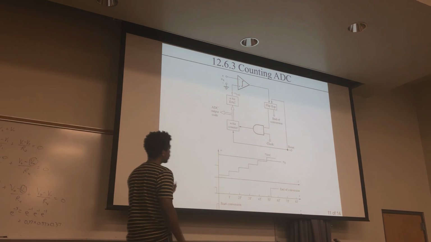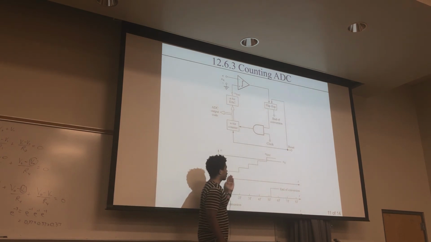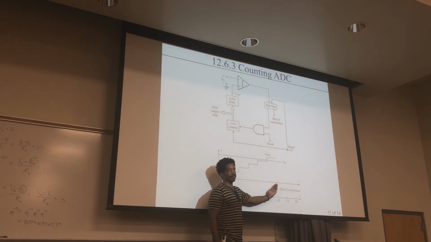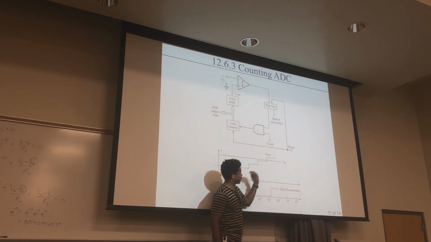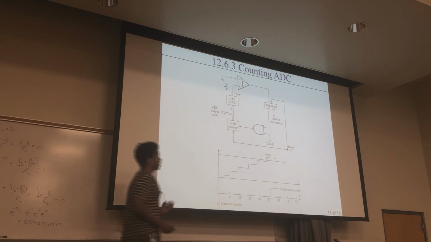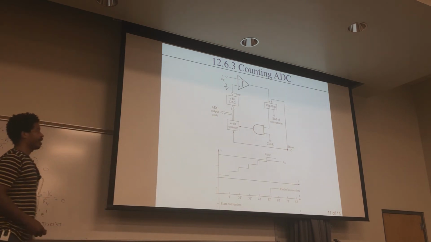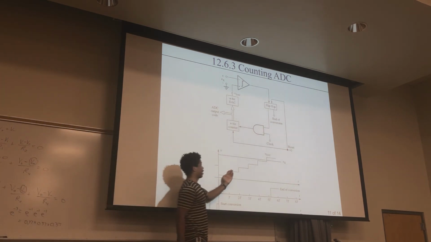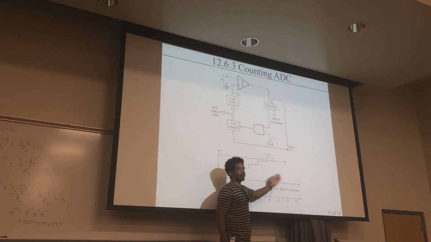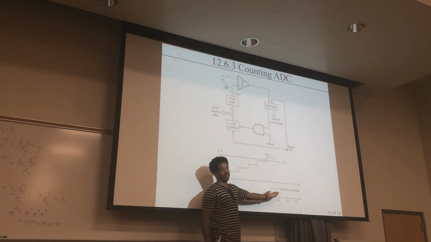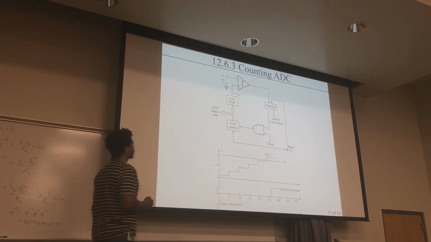The problem with this is that it has to actually count every single time up to your value. It's the simplest one that we're going to look over, but it takes the longest amount of time because you're always counting. If it's a small value, you're fine, right? But if it's a really large value, you have to keep counting and counting until you get there. So that's how that one works.